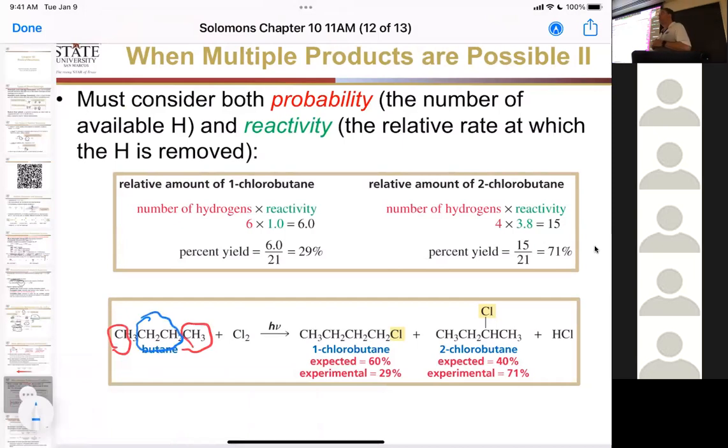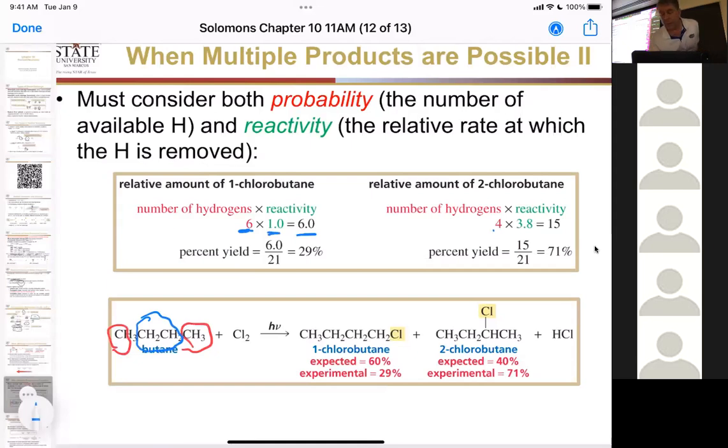So let's talk about those primary radicals. Those primary radicals have a reactivity ratio of 1. So 6 chances with 6 different hydrogens times 1 gives you a relative rate of 6. Now let's look at the other one.